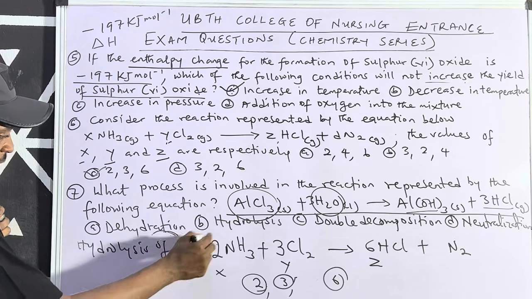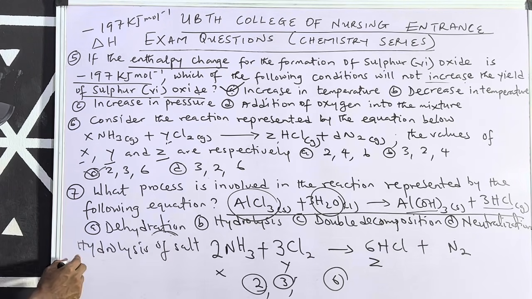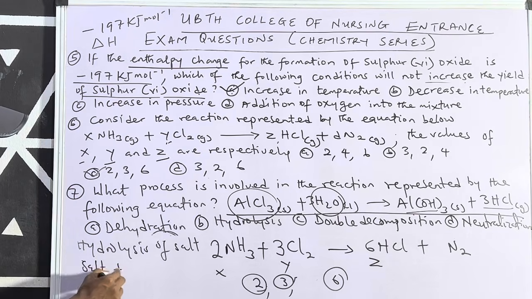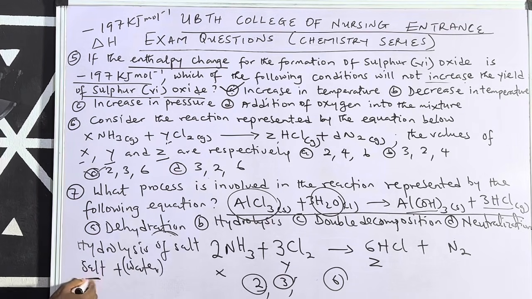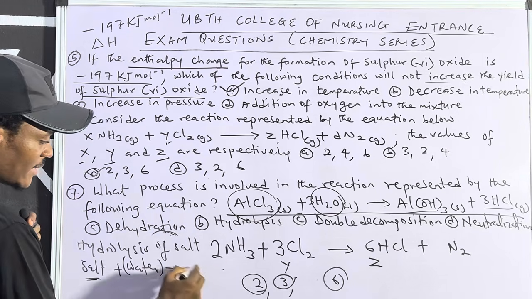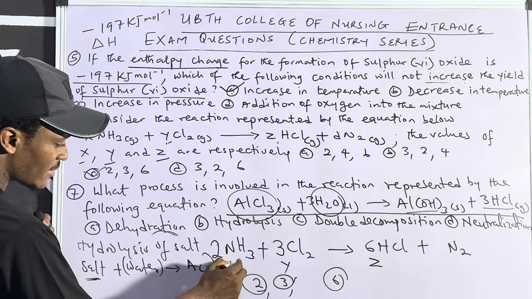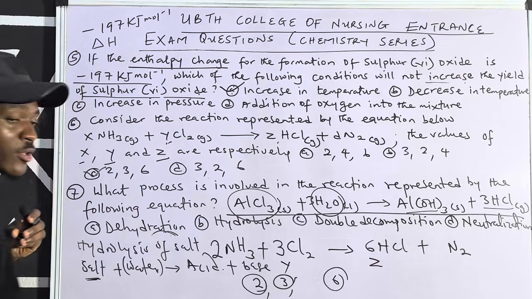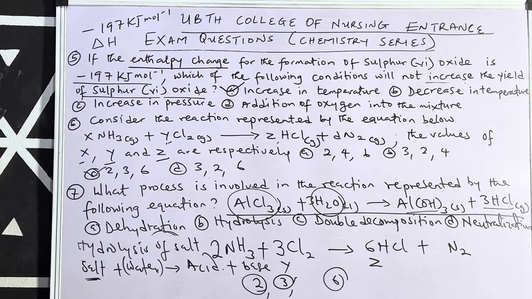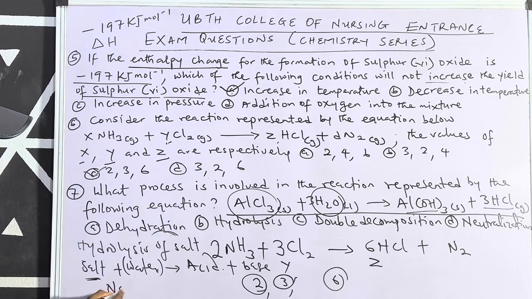What does that mean? It means that when water is added to a salt and it causes hydrolysis to this salt, it will form the acid and the base that resulted in the salt formation. So let's say I'm having a salt, NaCl, which is very common, table salt or common salt.